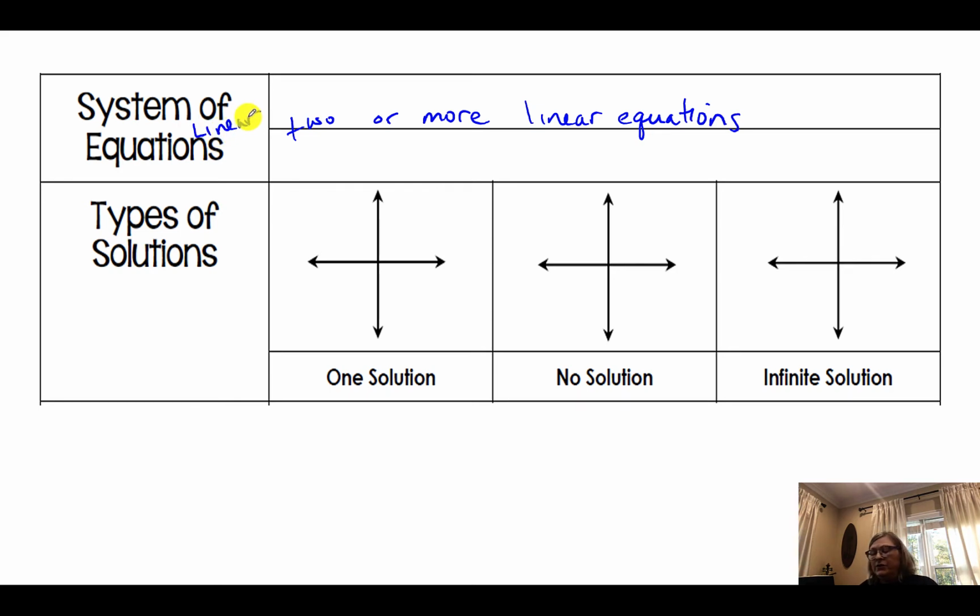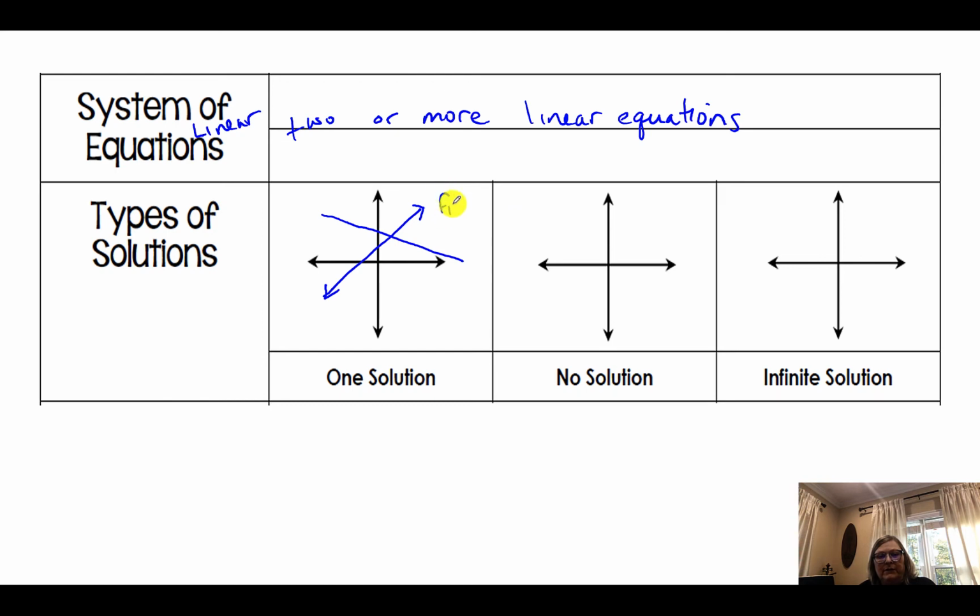And there are three types of solutions. The first one is the one we really care about. If you have one line and a second line, there is one solution. Every single point on a line is a solution to whatever its function is.